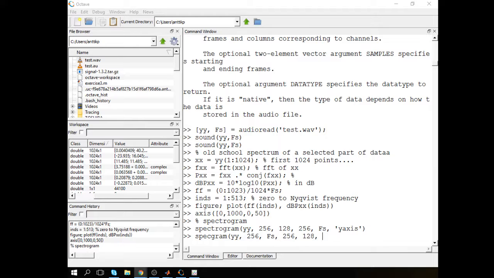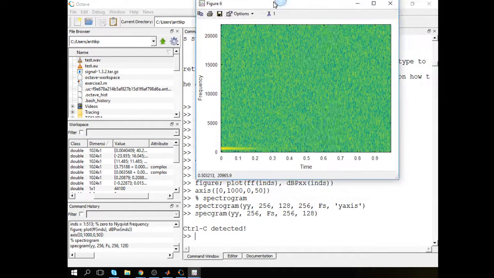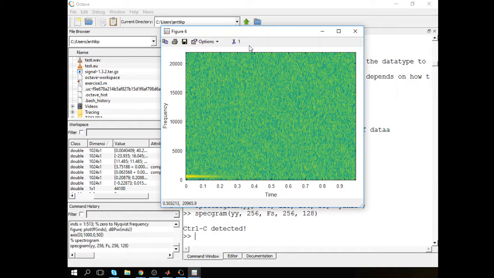Or do I need the y-axis? No, I don't need the y-axis. You need to do the upper part. This is how I do it. Okay, good. There. That's the spectrogram.